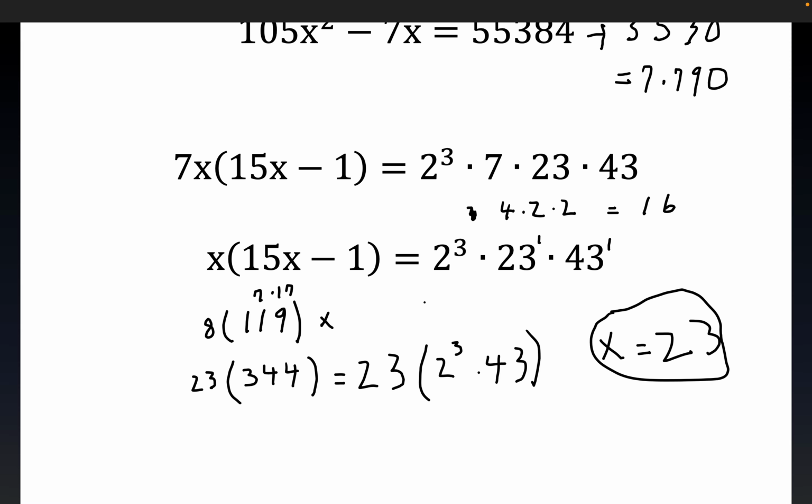So you get some information from the nature of this factorization with respect to how the two values are related to each other in magnitude. But anyway, this is it: x equals 23. Let me know what you thought.